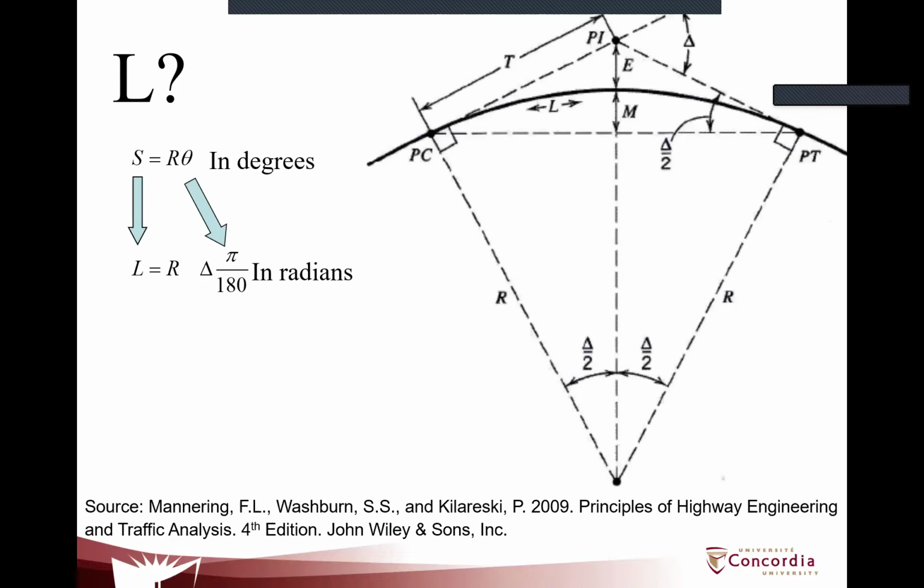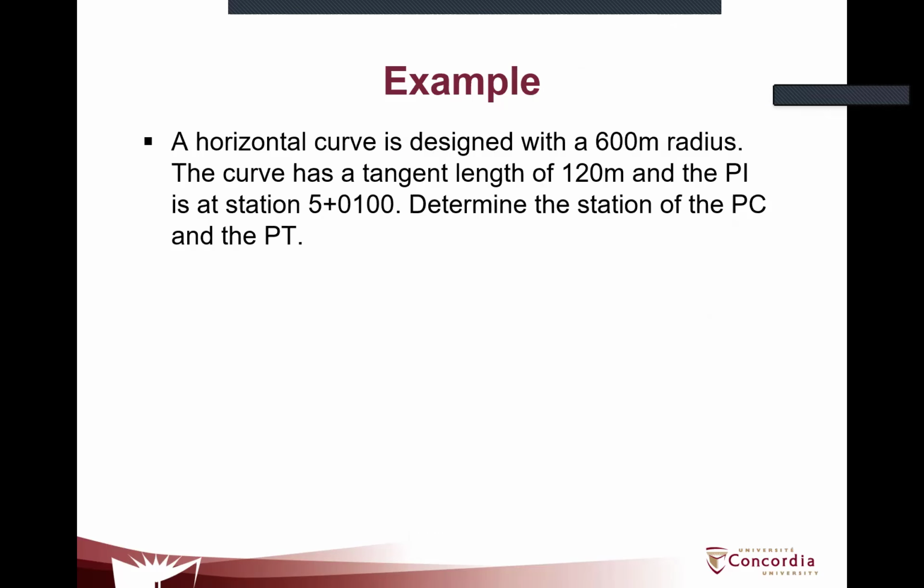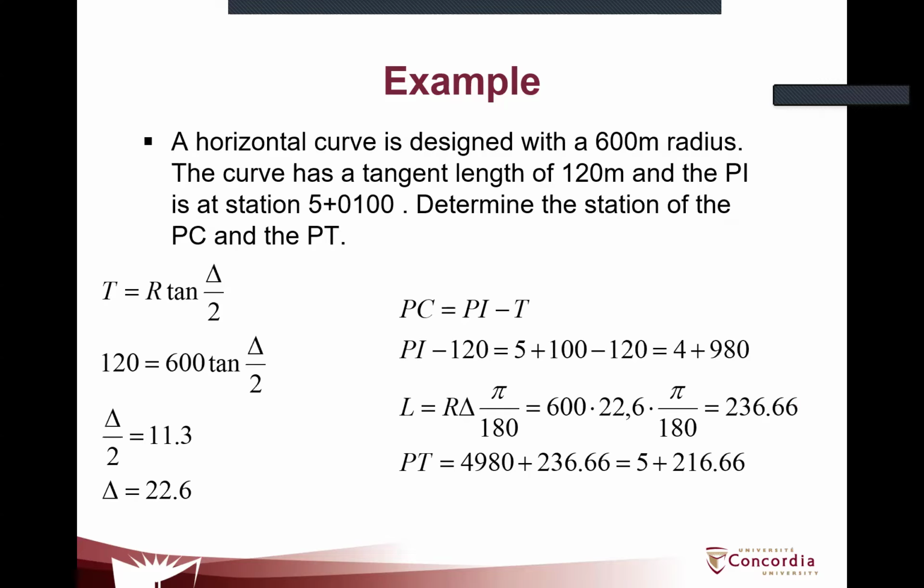The length of the curve is the radius of curvature multiplied by the deflection angle, multiplied by pi over 180, pi in radians. We saw this one in the previous class. And of course, if you have an example of a 600-meter radius horizontal curve with a tangent of 120, the PI is in station 5 plus 100, and determining the station of the PC and the PT will take going through the equations that you learned before.